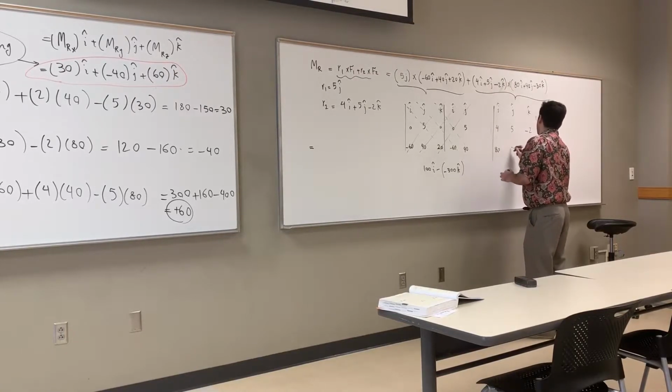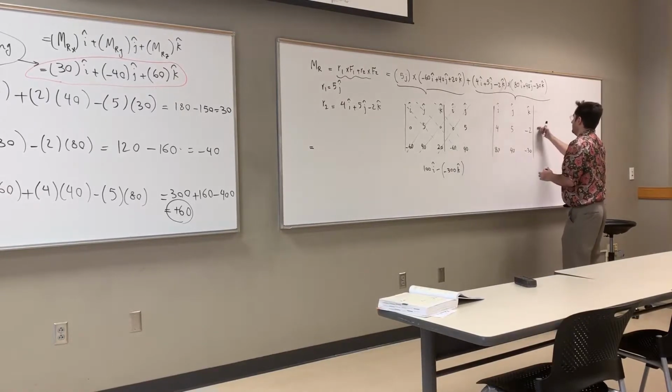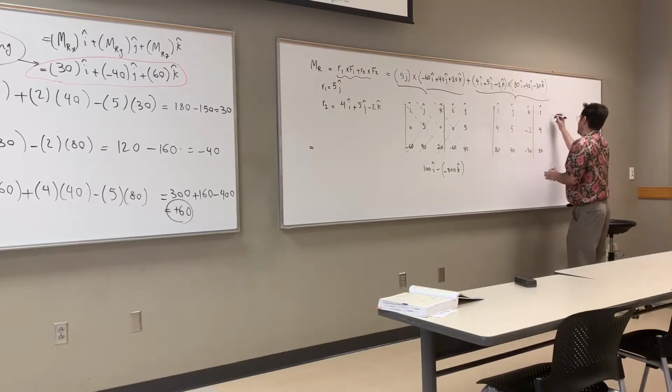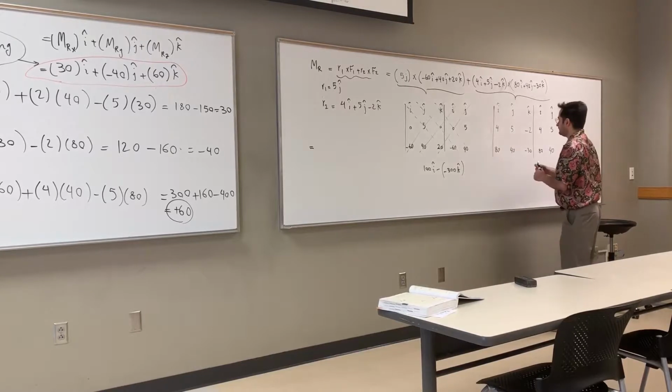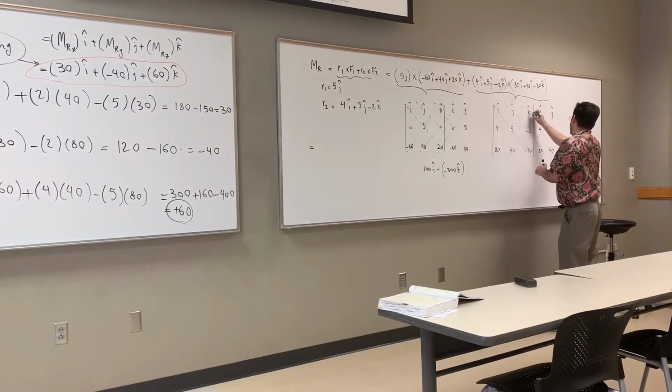The second row is 80, 40, -30. Go ahead and make your diagonals.